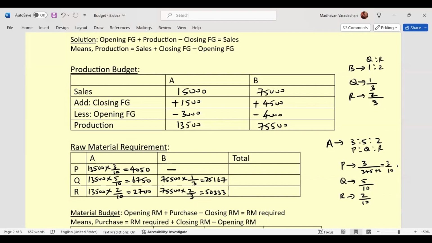So now the total requirement of P will become 4,050. Adding these two, here it is nothing, 4,050. So we are adding and then we are writing. Here it is 6750 plus 25,167. We get 31,917. Here it is 50,333 plus 2,700, 53,033.